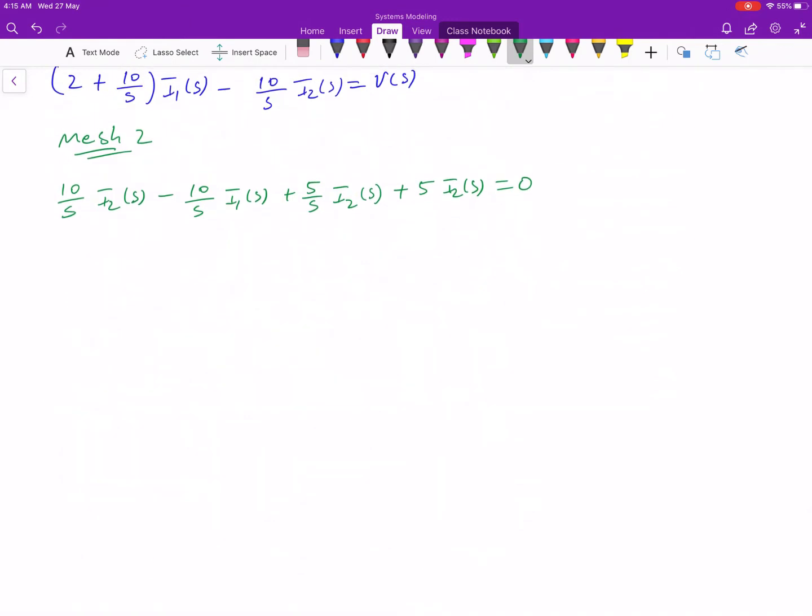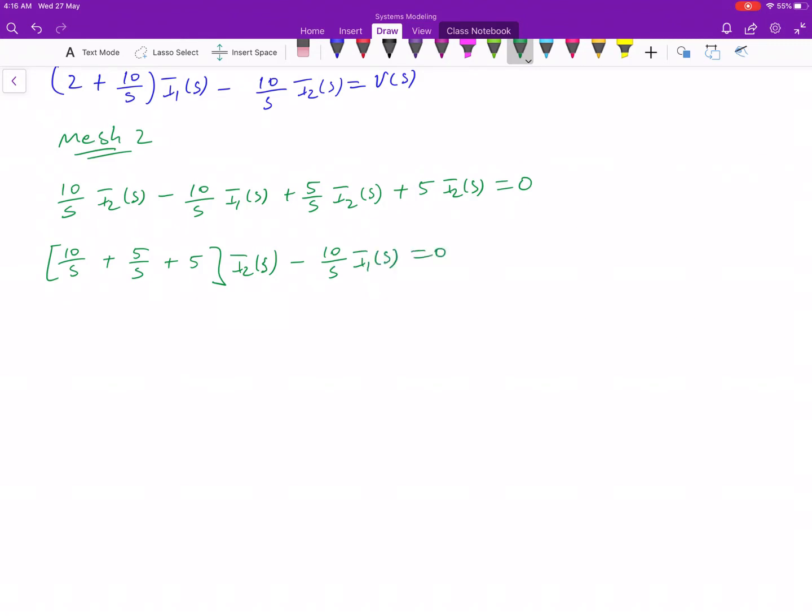So we are going to factor out our I2. We have 10 over s plus 5 over s plus 5, times I2 of s, minus 10 over s times I1 of s, is equal to 0.